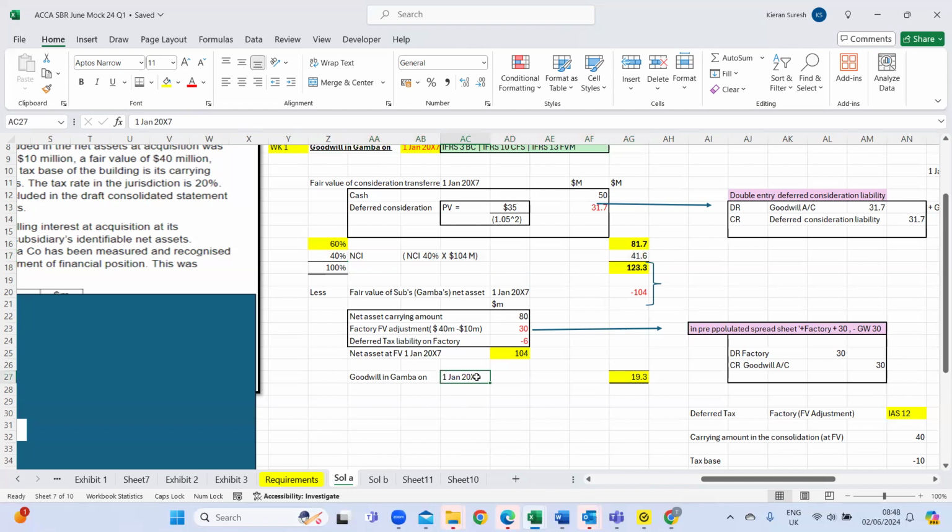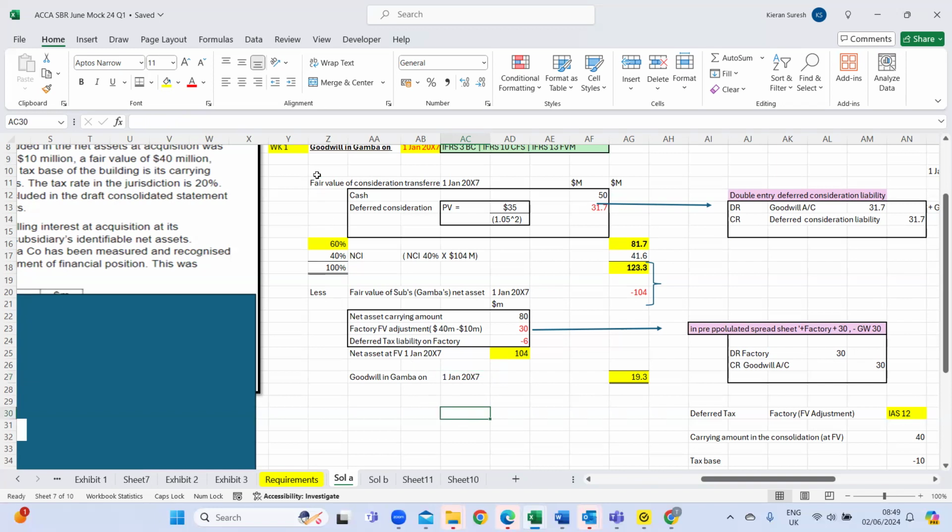So in my next step, next video, what I would do, I would start to update what I have now into the pre-populated spreadsheets, because then I have completed the initial recognition on the pre-populated spreadsheets. Once it is done, then only I would think of the next working that needs to be done to complete the year end 31st December. If you split it that way, it is much easier to understand this, right?